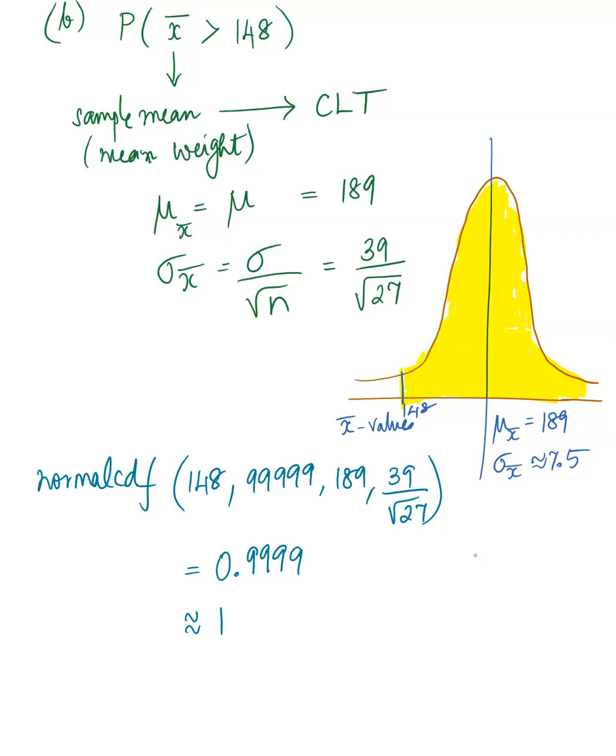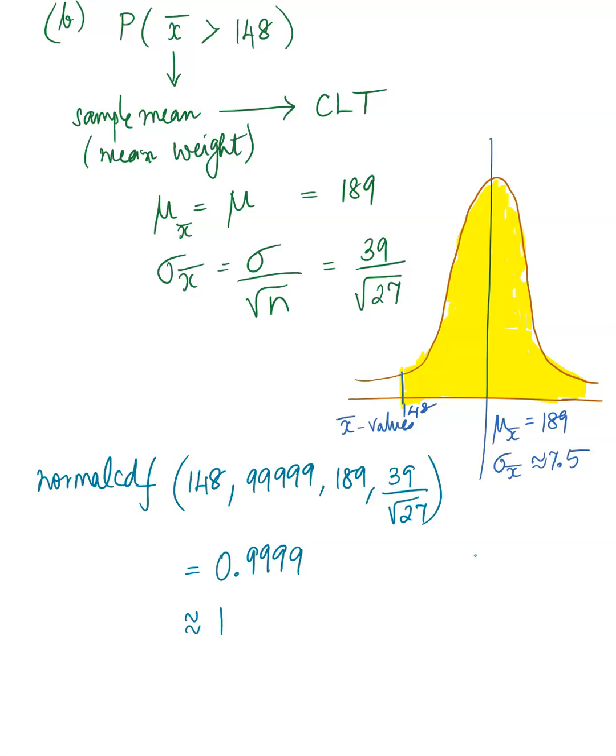So what does this mean? This means that the probability that 27 randomly selected males will have a mean weight of more than 148 is absolutely certain, right? And you can have a few who are 148 pounds, but if you took the average of 27 randomly selected males, remember again, the key word is randomly selected males.